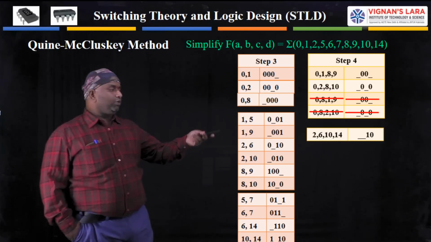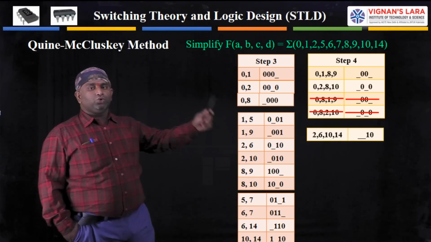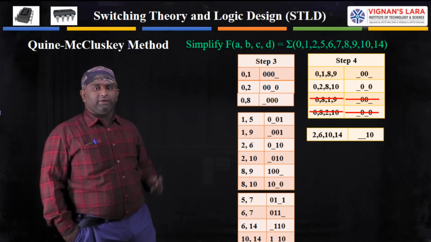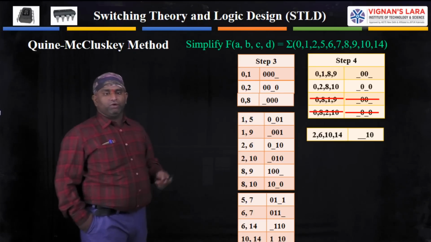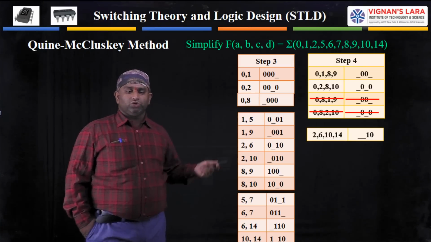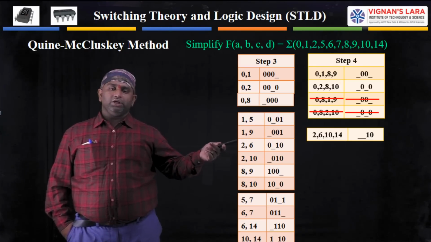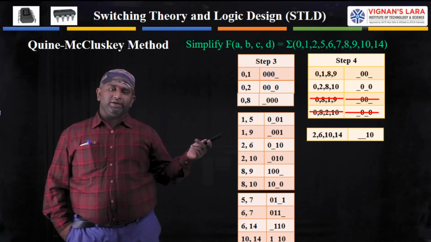So the next similarity we will get from the second and third group of the third step. In the first step we have written 2 comma 6 comma 10 comma 14, that is equal to dash dash 1 0 dash dash 1 0. See here, 2 comma 6 consists of 0 dash 1 0, the first bit is 0.